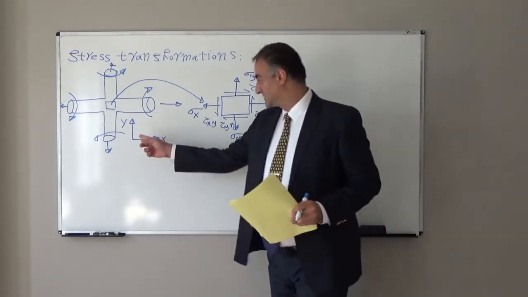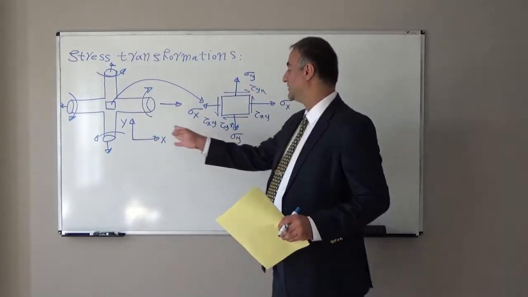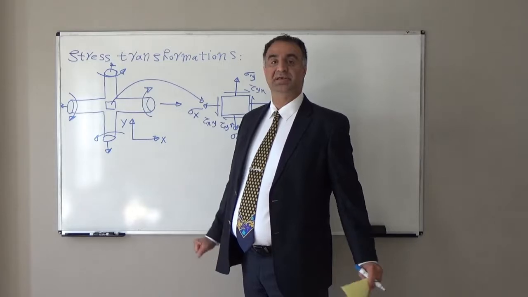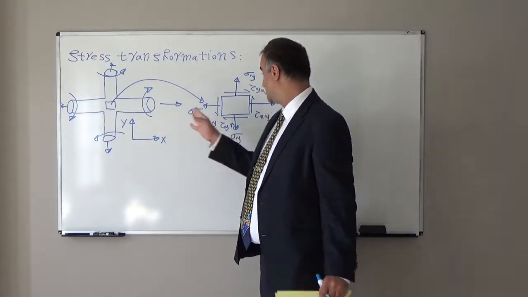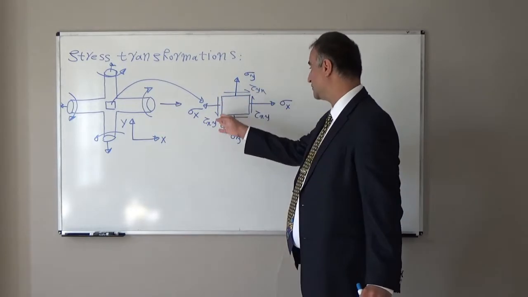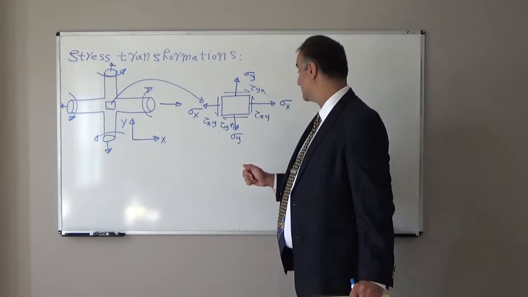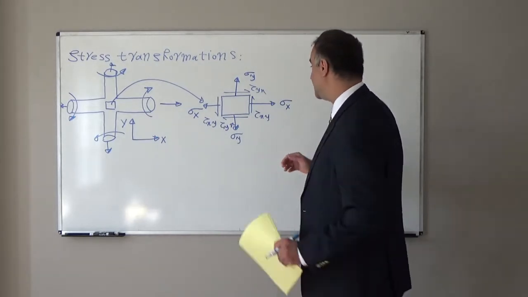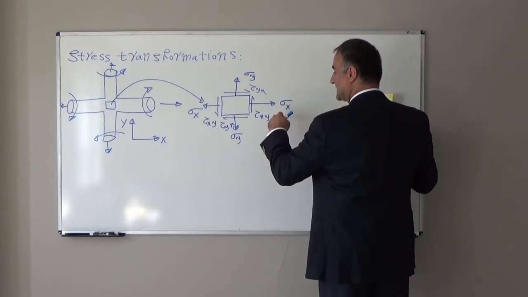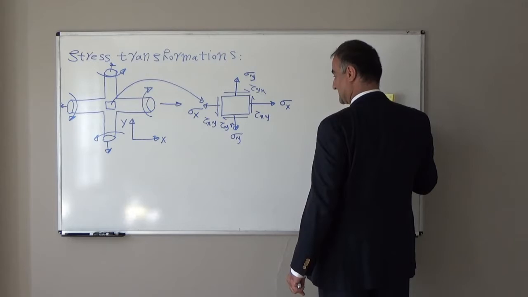If this is the x direction and this is the y direction, a surface perpendicular to the x direction we call the x face of the element. So these two faces are perpendicular to the x direction; we call it the x face of the element. On the x face, the normal stress in the x direction we call sigma x.